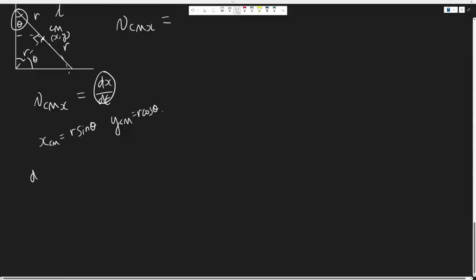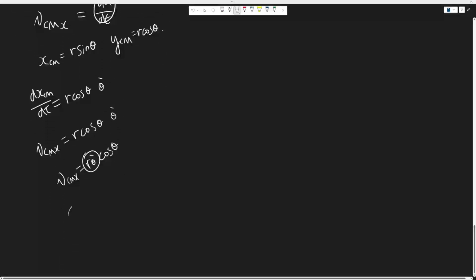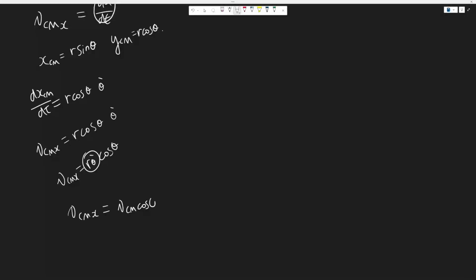And so dx_cm/dt equals, we know r is a constant, so we don't need to care about it, r cosine theta, and remember the chain rule, so theta dot. And so vcmx is equal to this. Let's rearrange it, and remember this expression is vcm, so vcmx equals vcm cosine theta.